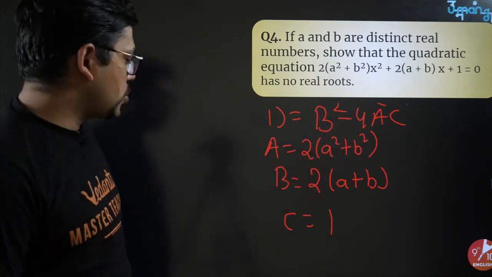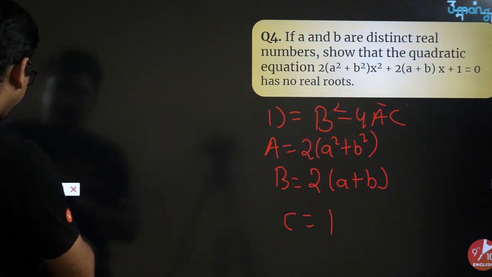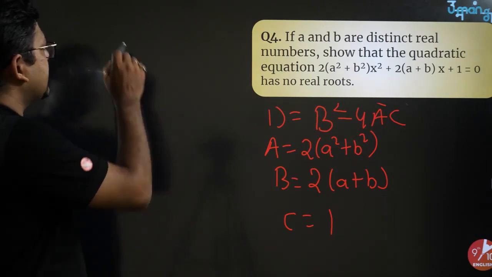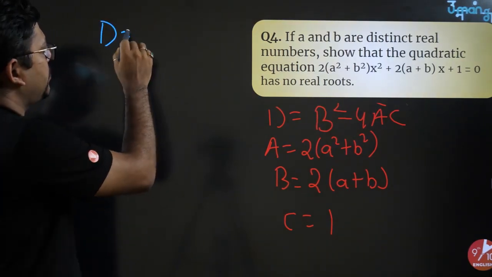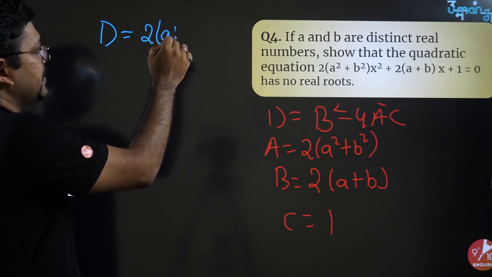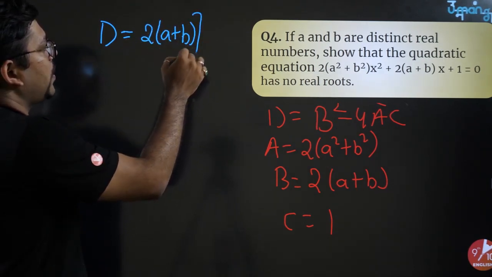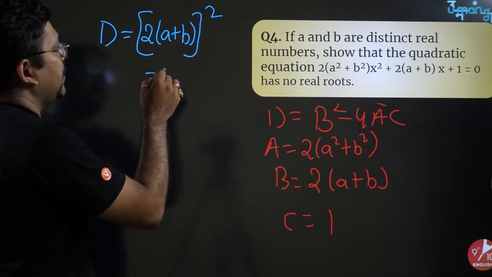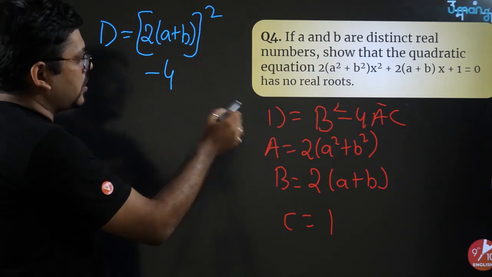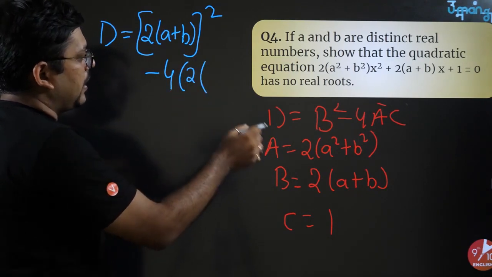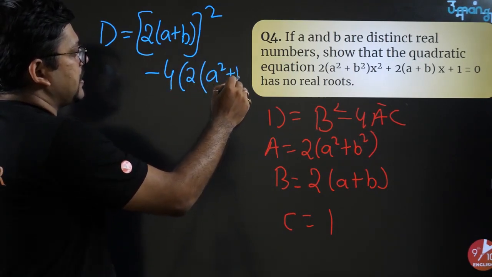Now I will be putting the values, so please put along with me. So discriminant, B square, if I write, this is 2 times a plus b, and this is whole squared. Then minus 4AC. So 4A is 2 times, in bracket, a square plus b square, isn't it?